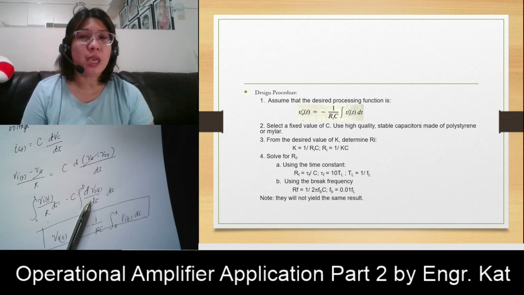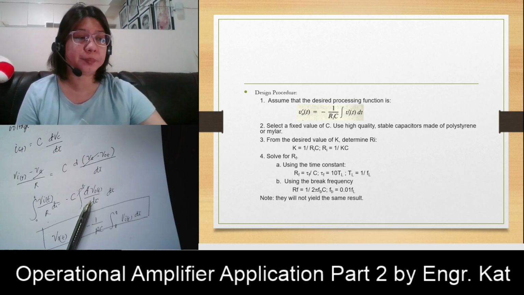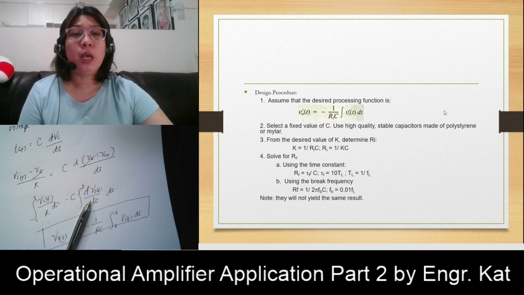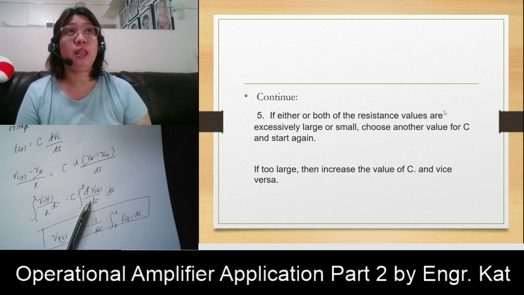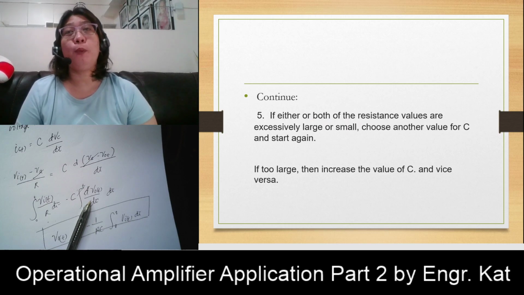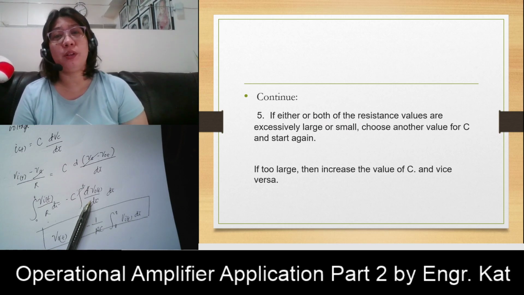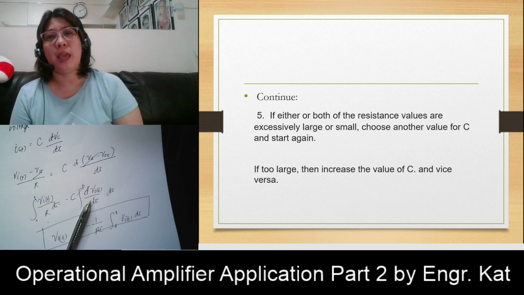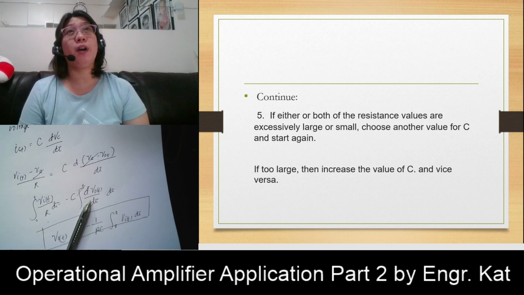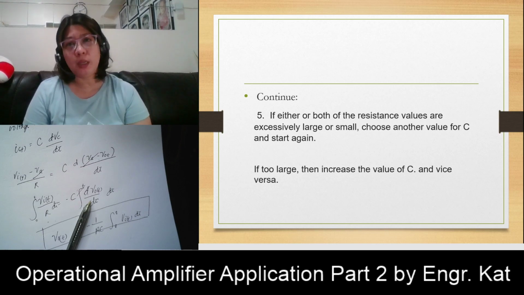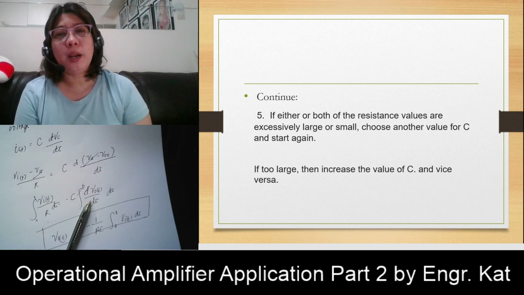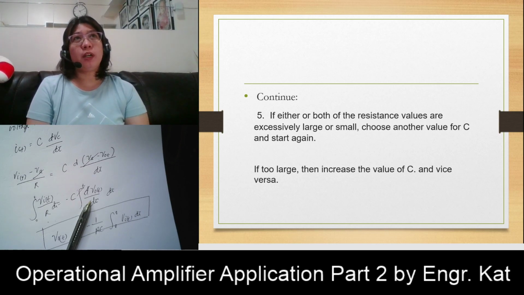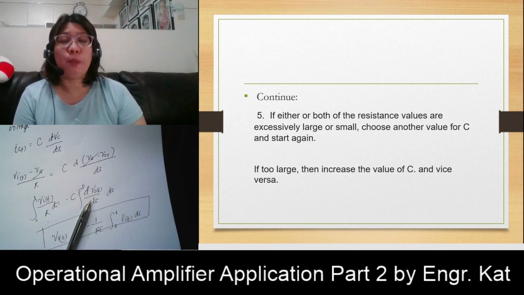They will have different values, but you can use either of those two values. If one value is an exact available resistor and the other one is not, you may choose the exact one. Or if one value is very, very high or very, very low, you have to choose the more practical value among the two.